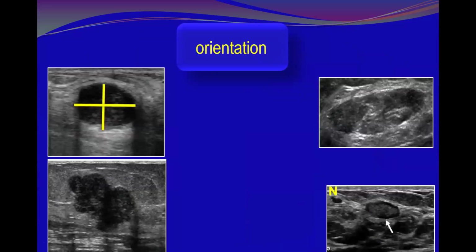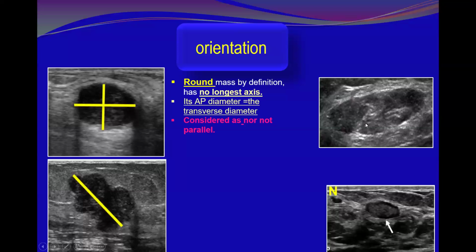And here, this is more toward the horizontal, but this long axis is approaching the vertical. So I'll consider this as non-parallel, along with the other suspicious features that make me consider it as non-parallel.